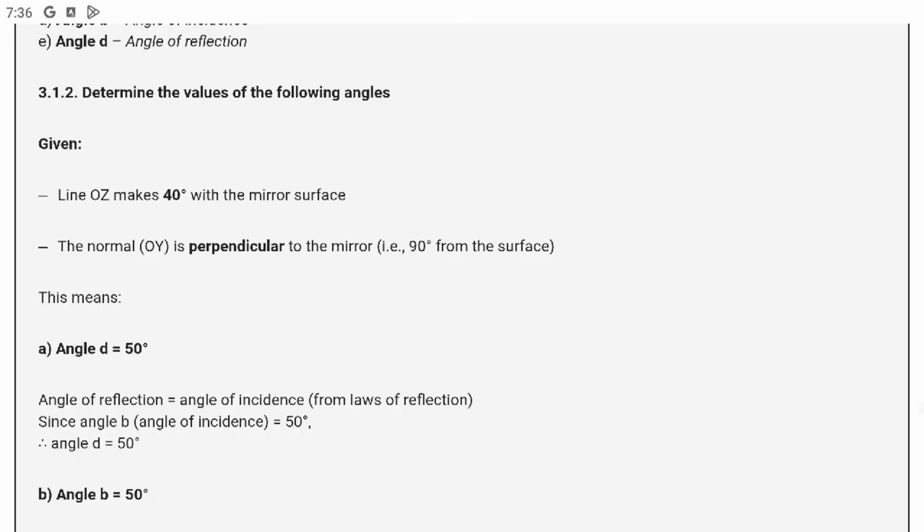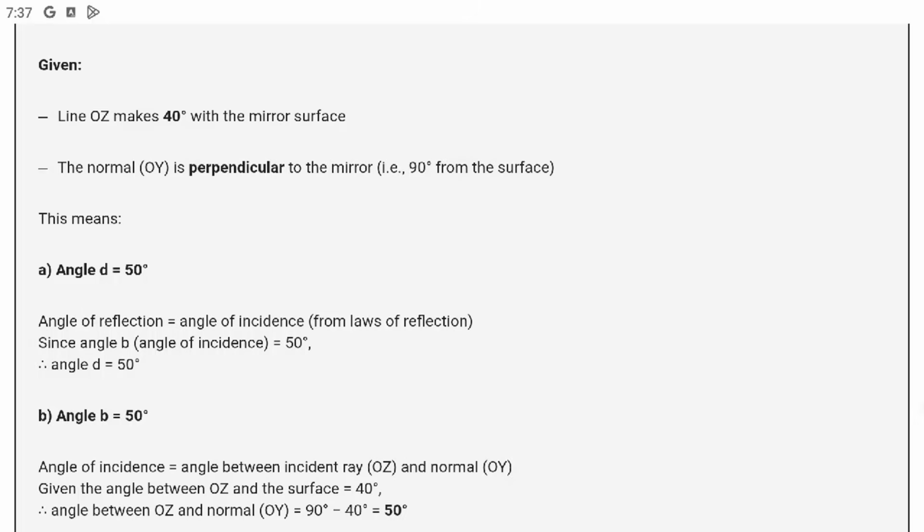The normal OY, which was in the middle, is perpendicular to the mirror, that is, 90 degrees from the surface. This means angle B equals 50 because they have to sum up to 90 degrees, because of the perpendicular angle there.